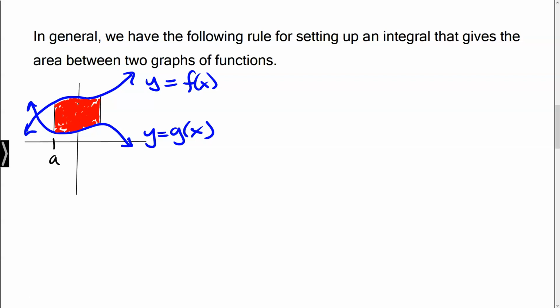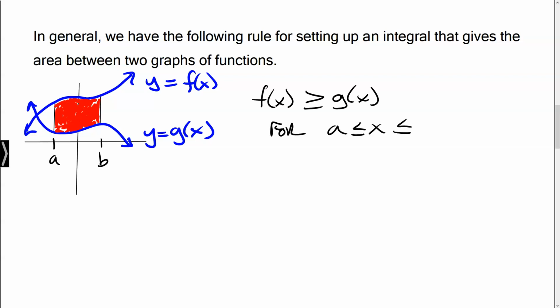This is going to be between A and B. So our assumption is that f of x is bigger than or equal to g of x between A and B. Now, we'll go over in the next little subtopic video what's the case if the graphs happen to cross, or what if it's not the case that one's always bigger than the other. But let's just say that one of them is always bigger than or equal to the other one on some interval from A to B.